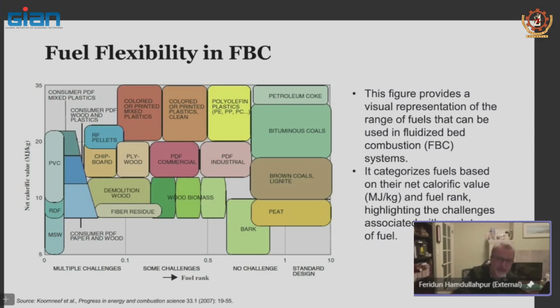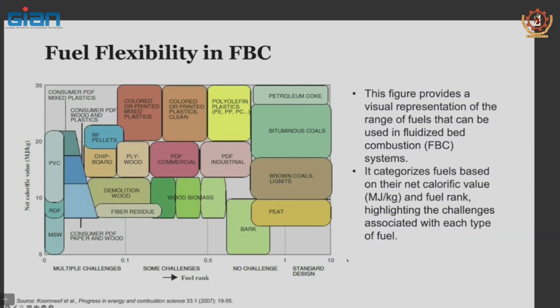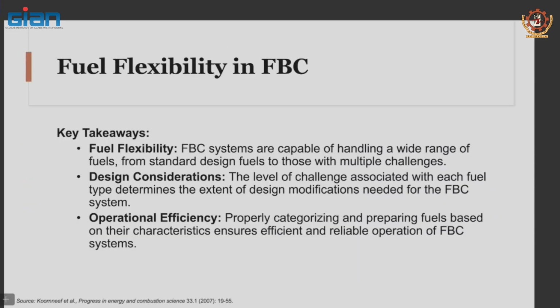You have to calculate that amount so that you will know exactly how much electricity you're going to produce. So this chart is very helpful to figure out which fuels are part of the standard design, and which ones we don't have enough operational experience with, and will probably need more pilot scale tests before you can use them in a fluid bed.